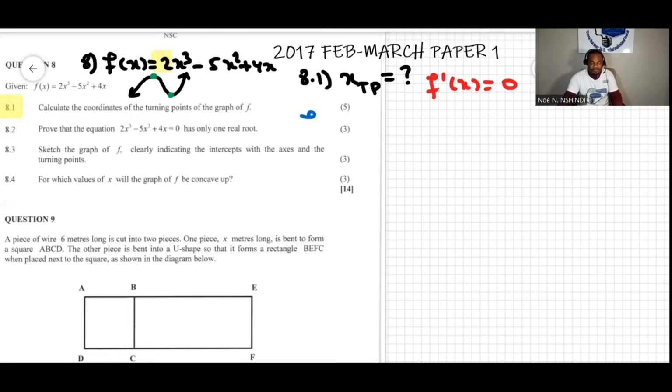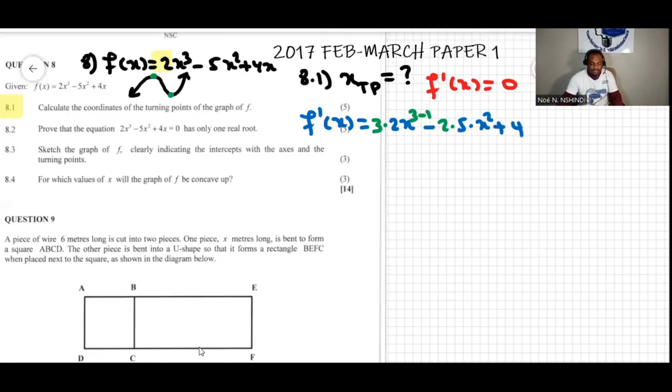F prime of x will be what? According to the derivative formula, this will be 3 times 2x to the power of 3 minus 1, and then minus 2 times 5 times x to the power of 2, and then plus just 4.